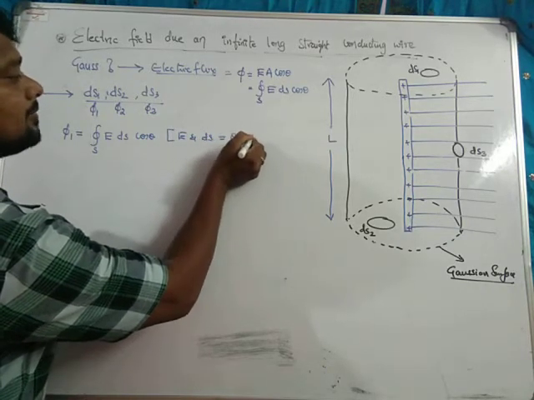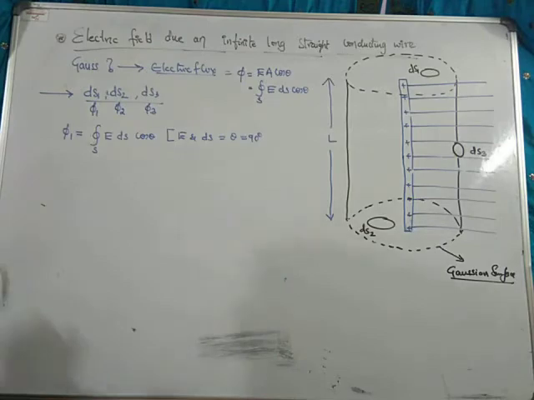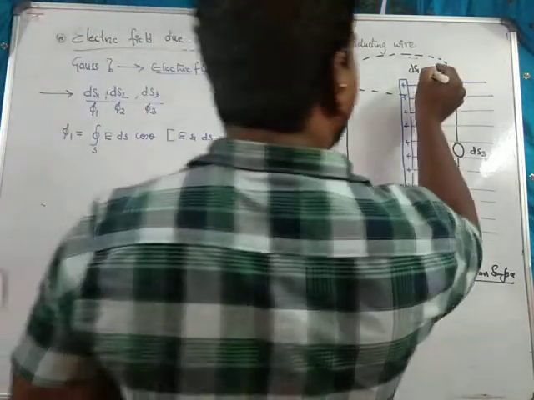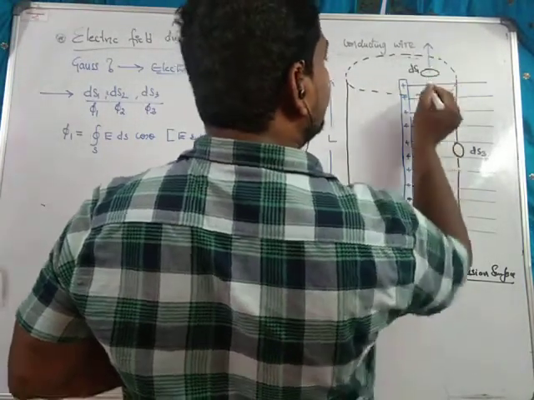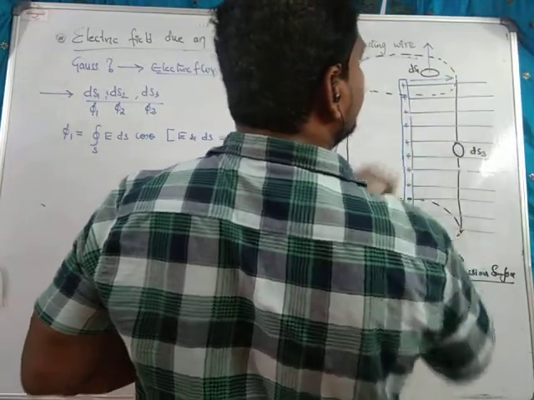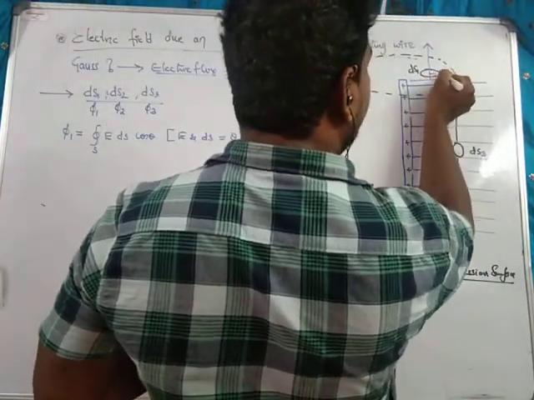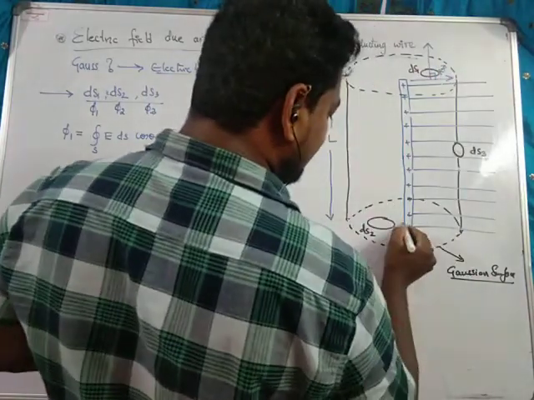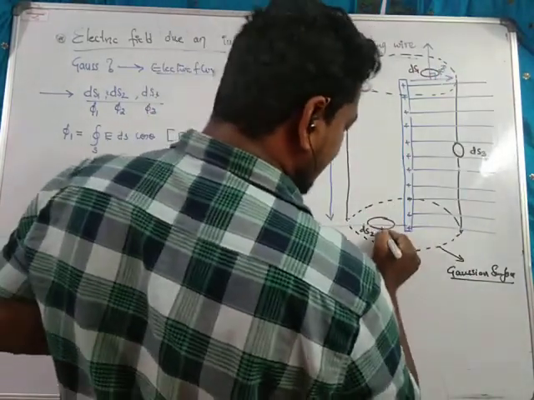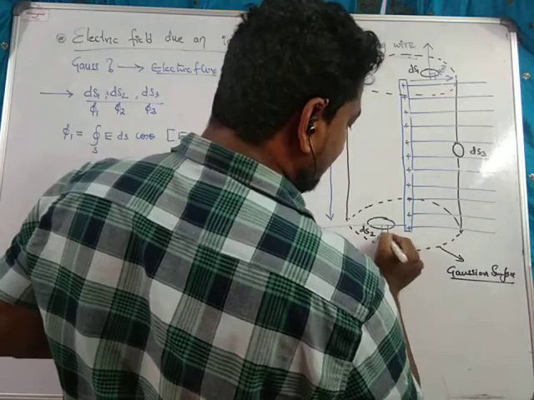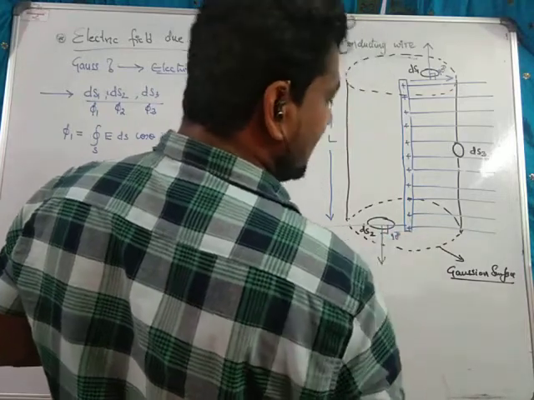The angle is 90 degrees, because the area vector is in the upward direction and the field lines are perpendicular to it. For the second one, the field lines and the area are again perpendicular, so the angle is 90 degrees.